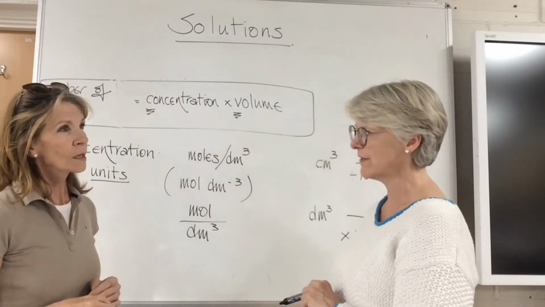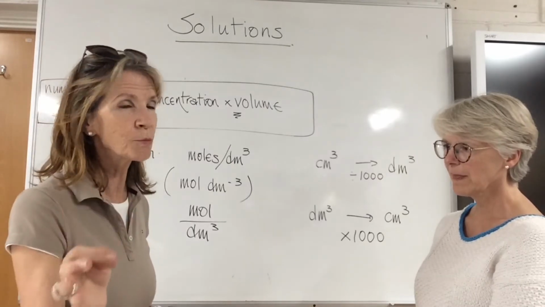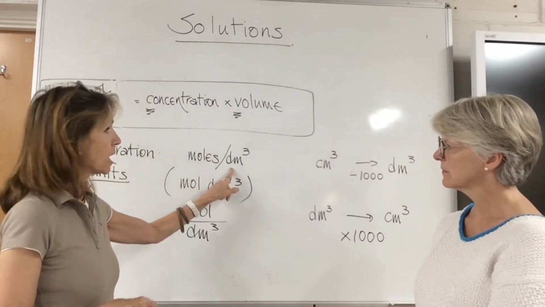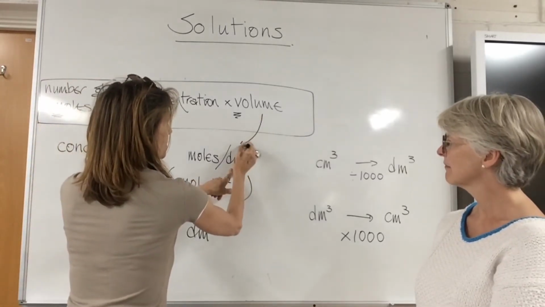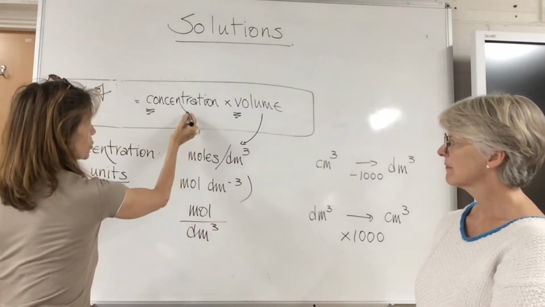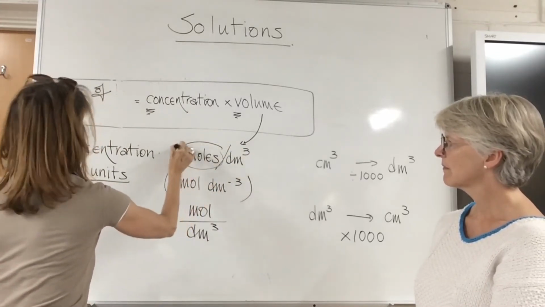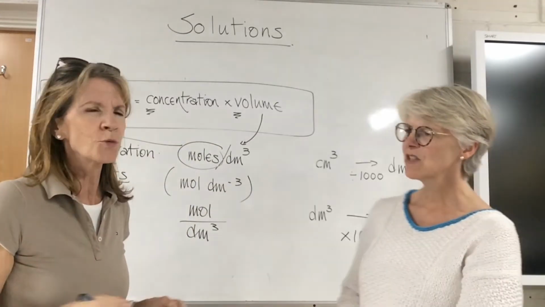So always look out for that. I think also if you know the units of concentration, then it should be more straightforward. So if the units are moles per dm cubed, your volume's got to be in dm cubed, and for the concentration you can see you've got moles, which is related to that. So it's fairly straightforward.